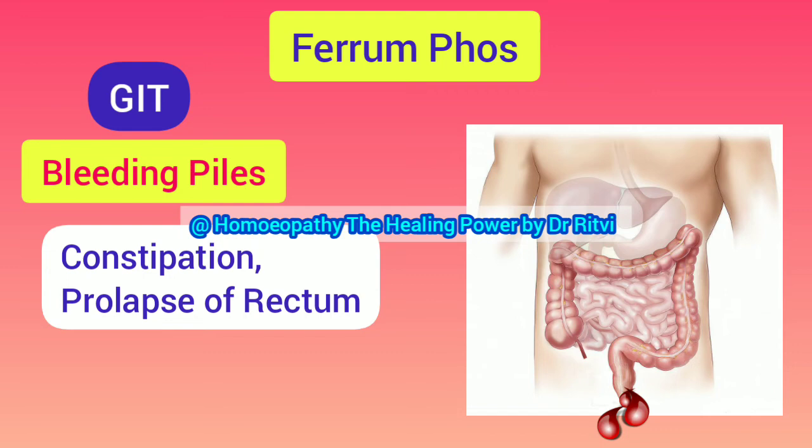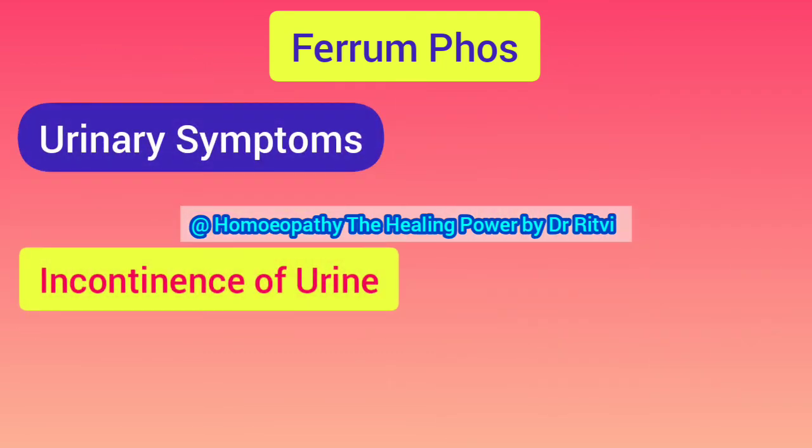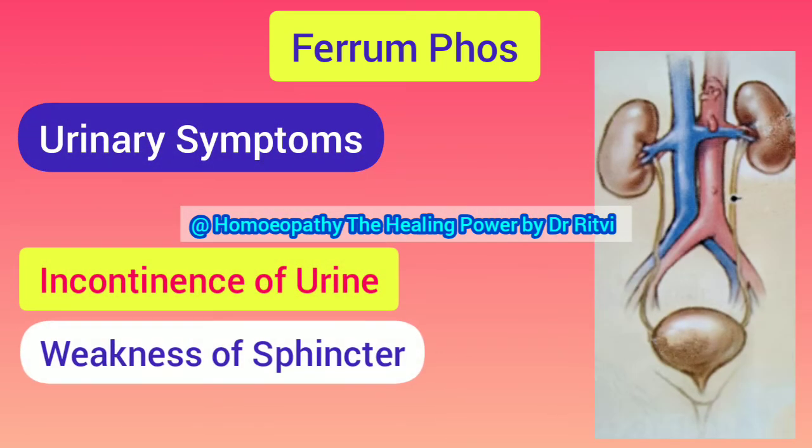Now friends, let's start with the urinary symptoms of Ferrum Phos. Ferrum Phos is indicated in the cases of incontinence of urine, especially due to weakness of the sphincter. There is constant desire to pass the urine.